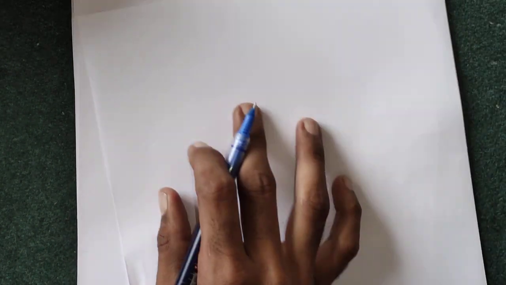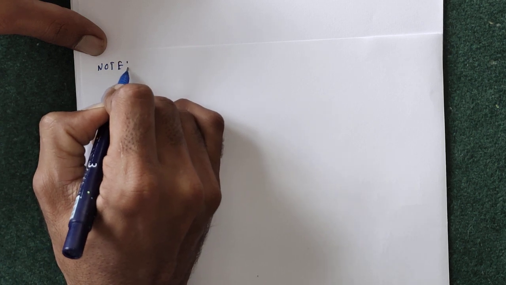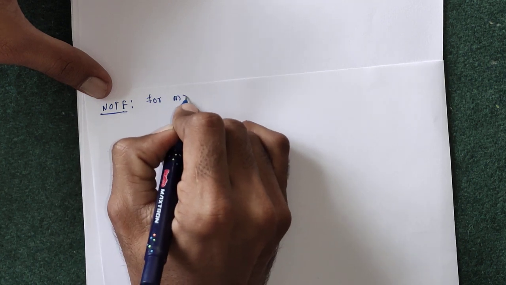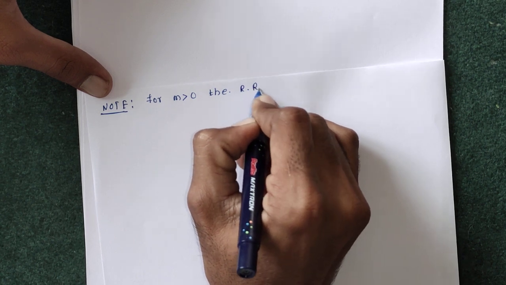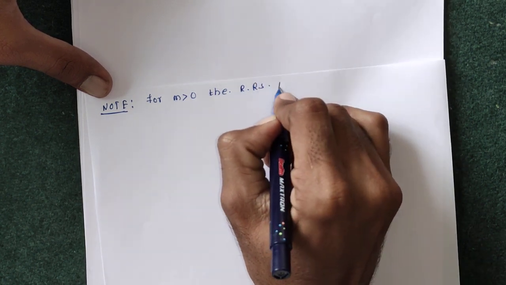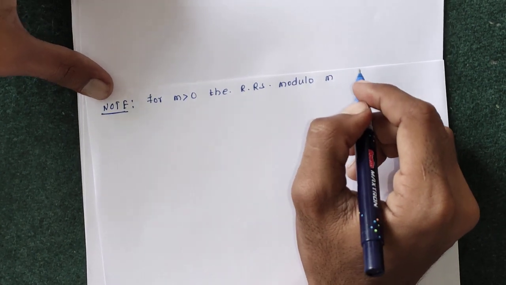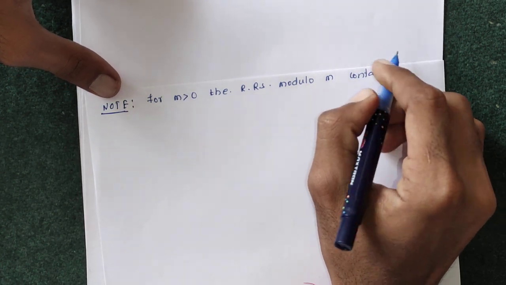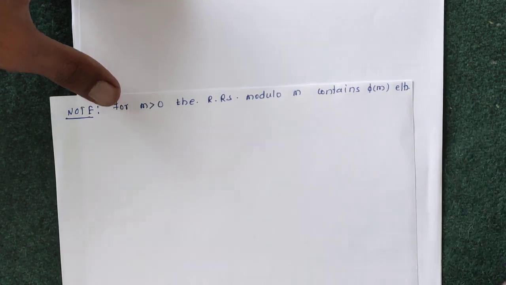Now take another note on the reduced residue system. For m greater than 0, the reduced residue system modulo m contains phi of m elements.